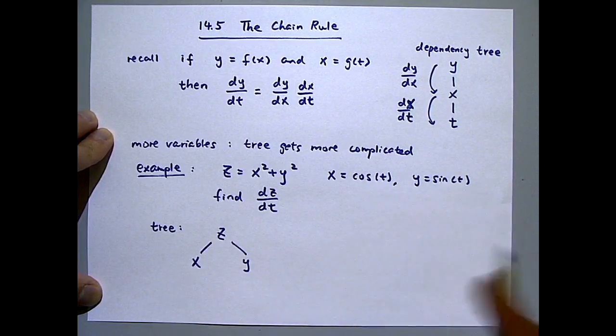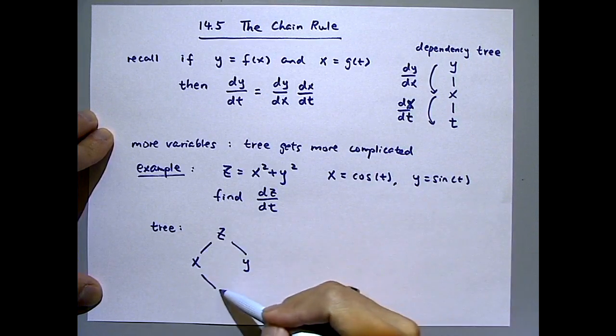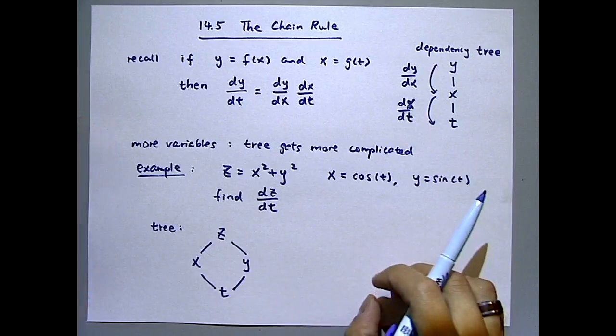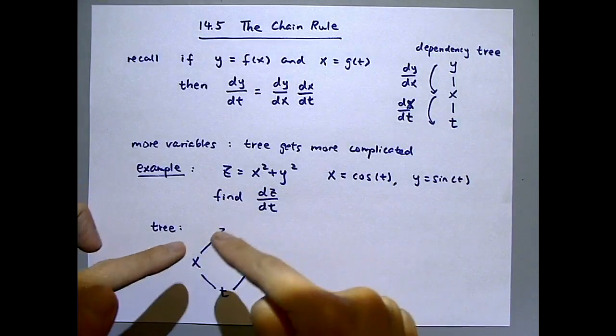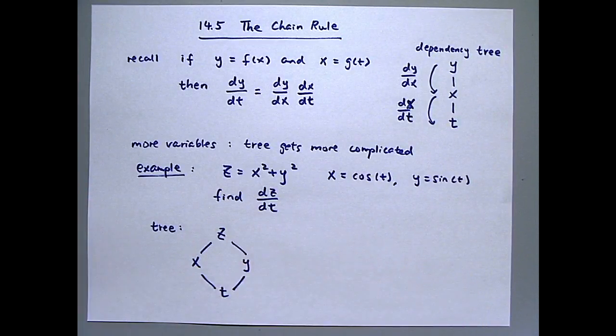X and y both depend on t. Okay, so now we got this tree that branches and then eventually merges into t. Now you can see, obviously, if you tweak t a little bit, x and y will change, and then z will finally change in response to those two.